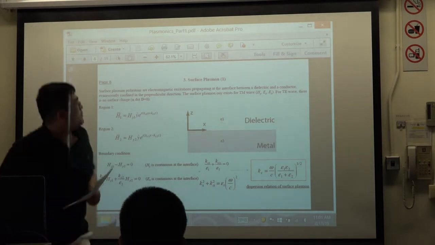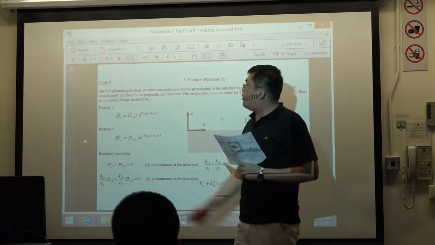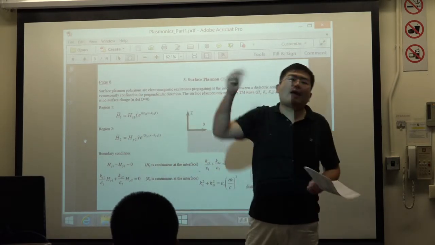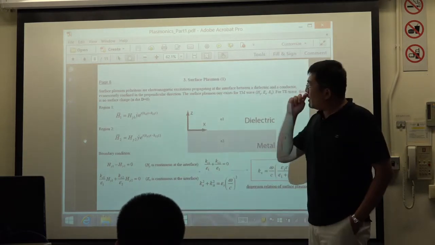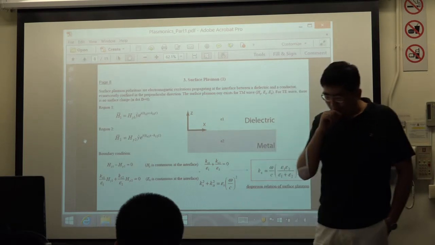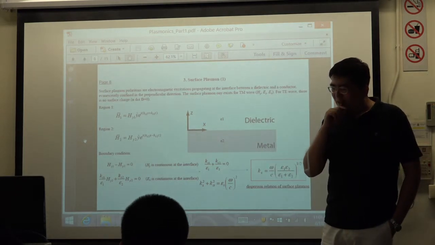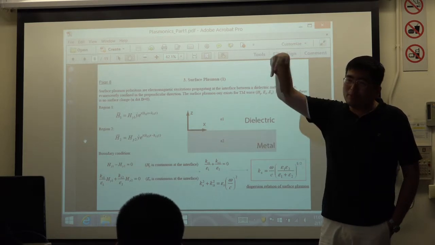We also call it the surface plasmon polariton. A polariton just means an electron coupled to a photon. Feynman gives a very interesting picture of a polariton, like a beer. Everyone drinks beer.